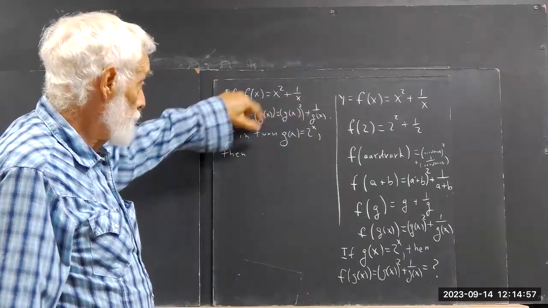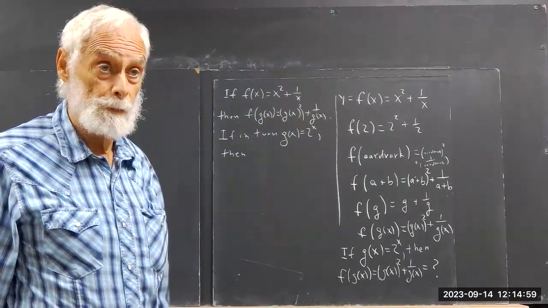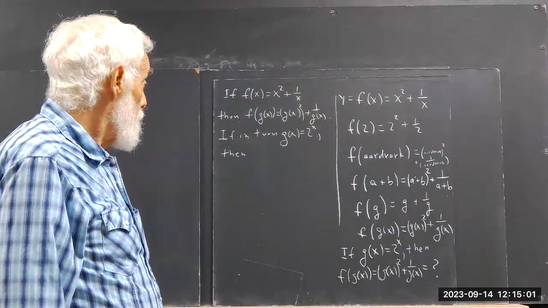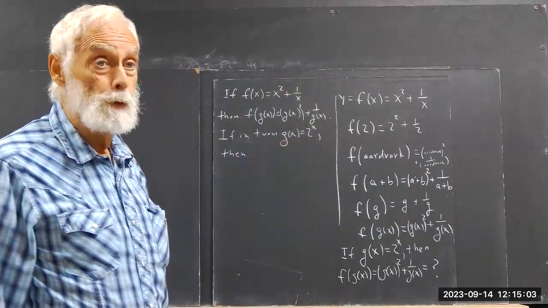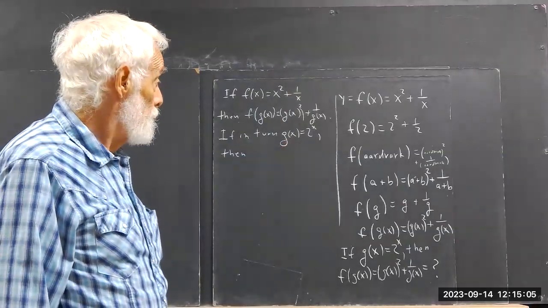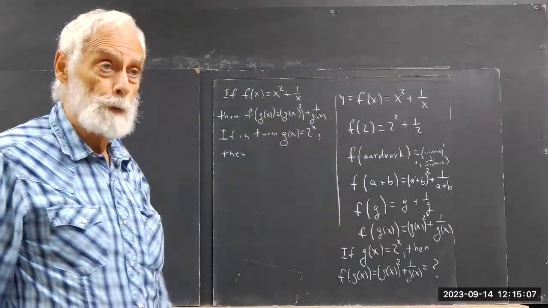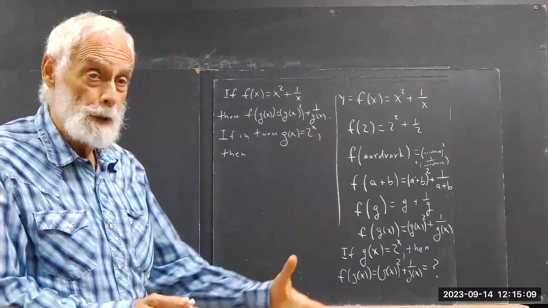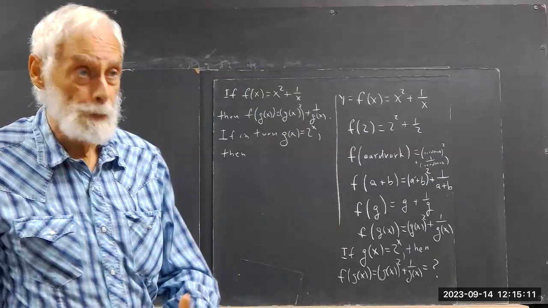Because x has been replaced by g of x, replace x with g of x, right? Then if g of x equals 2 to the x, then every one of these g of x's can be written 2 to the x. We can replace g of x by 2 to the x.